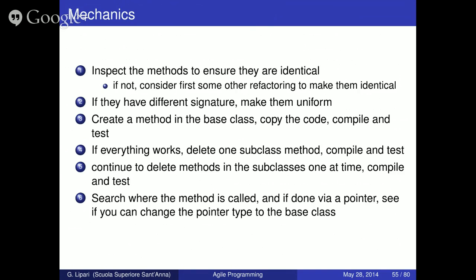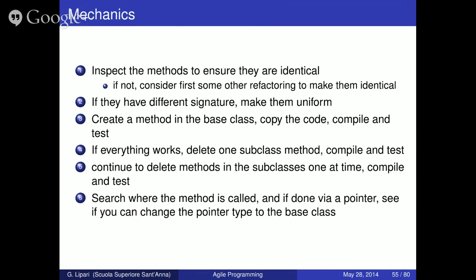So first of all, again, you make sure that the two pieces that you are going to pull up are absolutely the same. Once you do that, you create a method in the base class, you copy the code, you compile and test. If everything works, you delete one subclass method, compile and test.